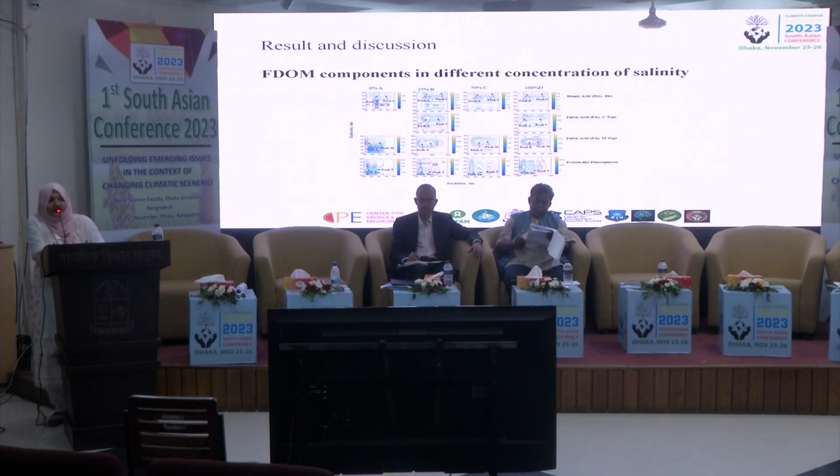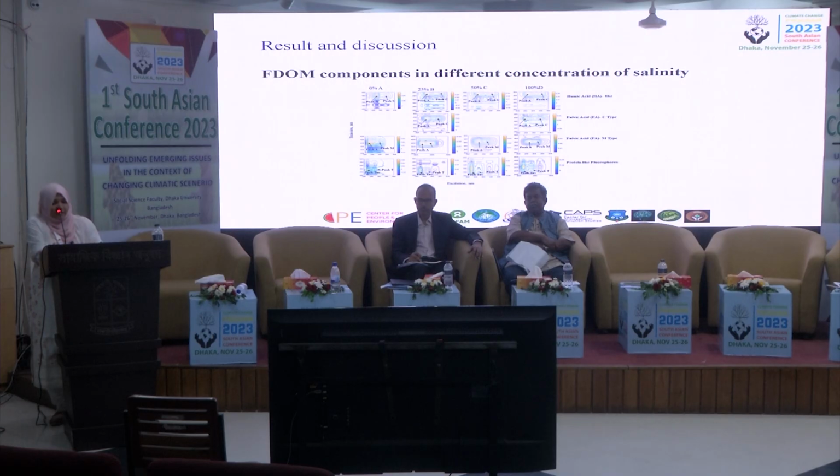In 25% saline water, we found four components: humic acid-like, fulvic acid-like of two types, C and M type, and protein-like fluorophore. But in 50% saline water, we found three components: humic acid, fulvic acid M type, and protein-like fluorophore.